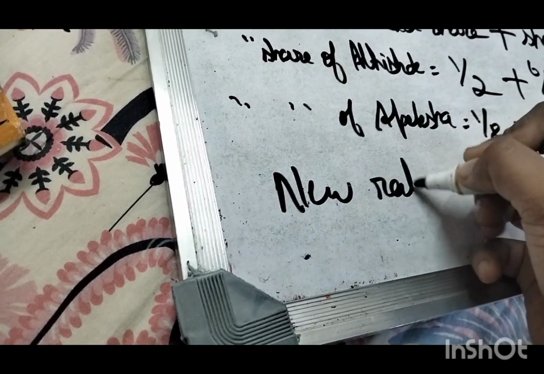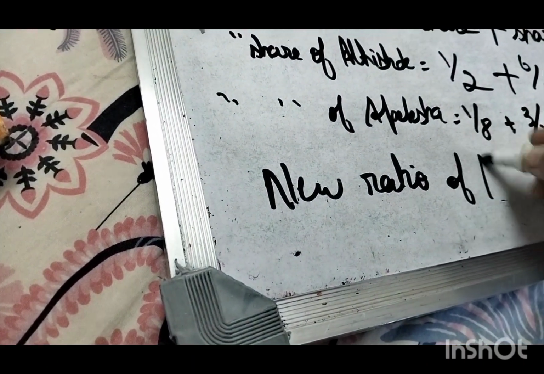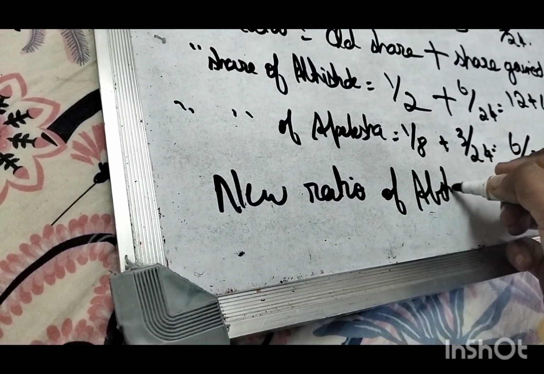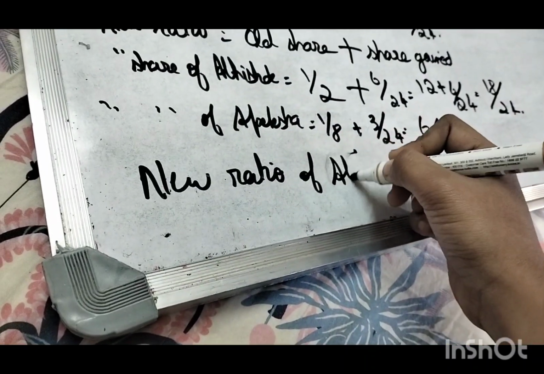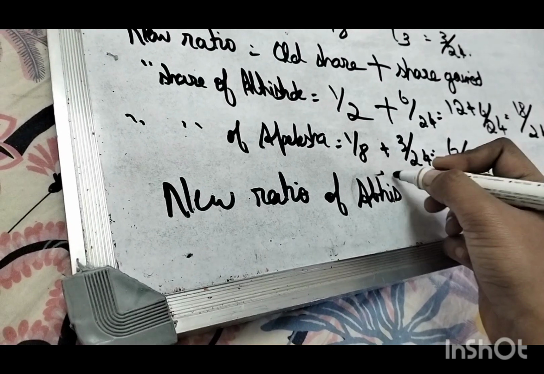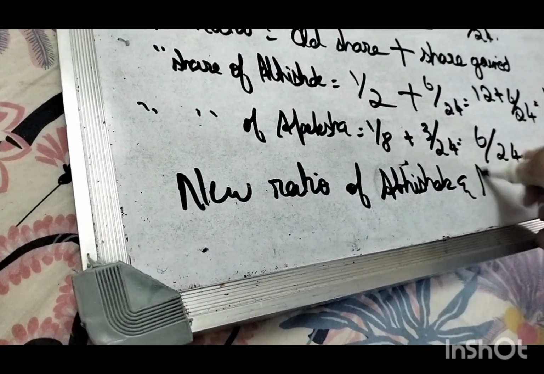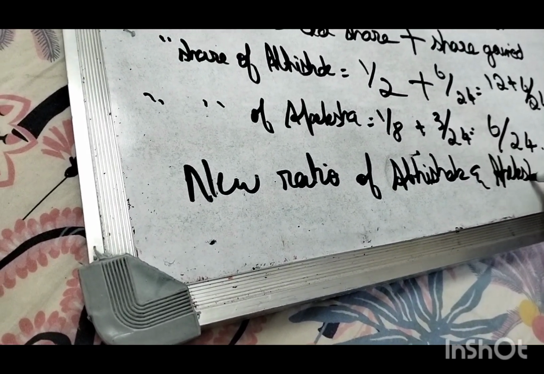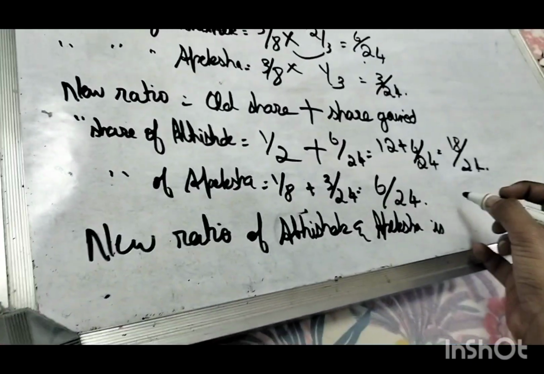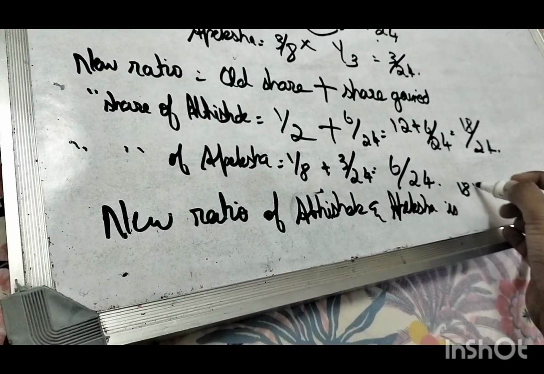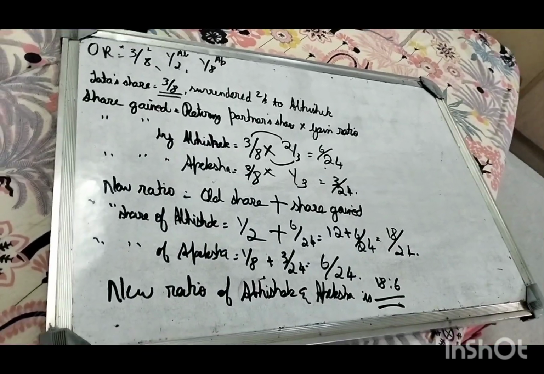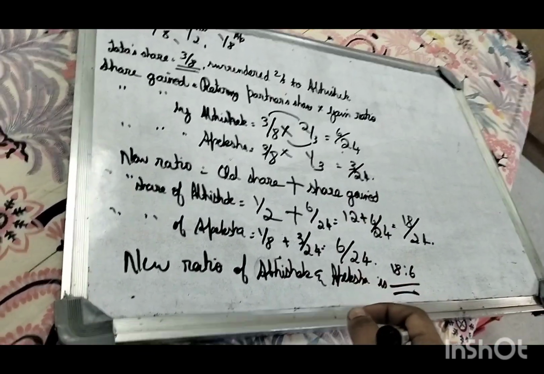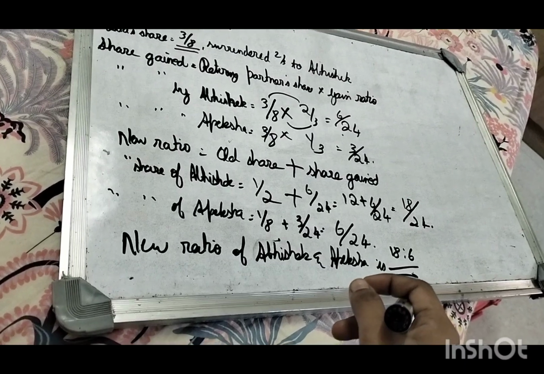So the new ratio of Abhishek and Apeksha is 18:6. This is how you do it when the old ratio and the gain ratio is given in the question.